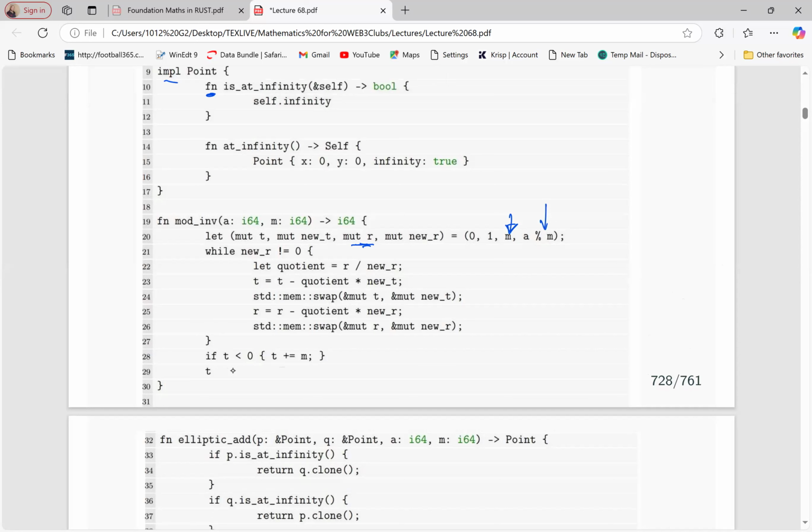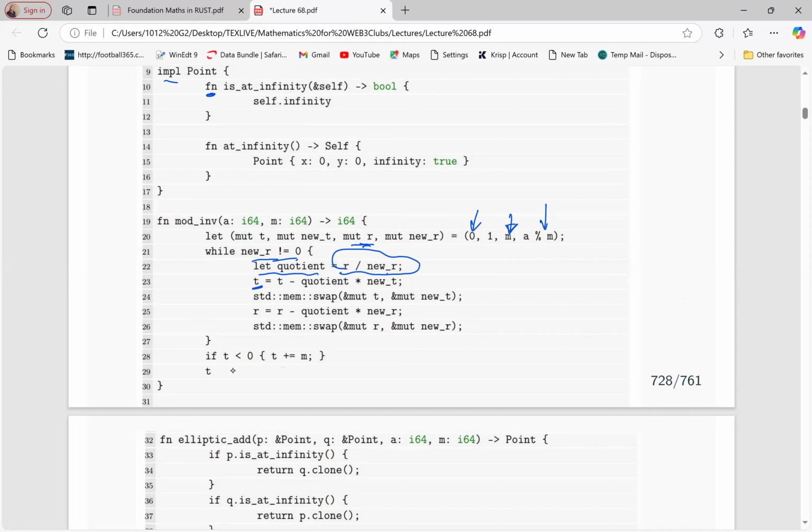So, while this new R is not equal to 0, you let the quotient be R over new R. Then you let T. What was T? T was 0 initially.